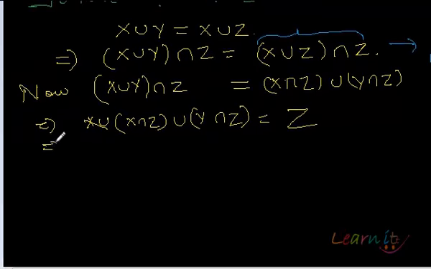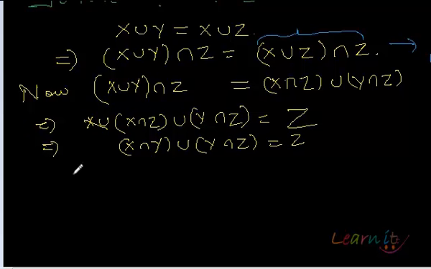Okay, now this implies, what is X intersection Z? X intersection Z is actually equal to X intersection Y, and here you have Y intersection Z, right? Now that means this is the distributed manner of writing it.